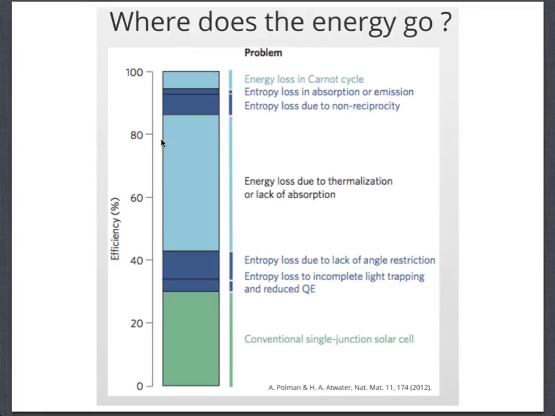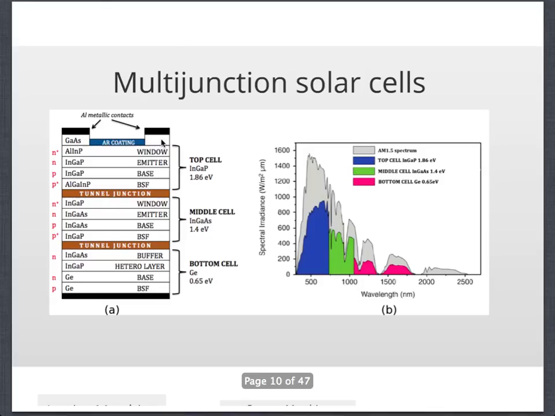There was not much people did about these losses before. Recently people are starting to look at how to overcome these losses. And one way to overcome the absorption and thermalization loss is to use a multi-junction structure.